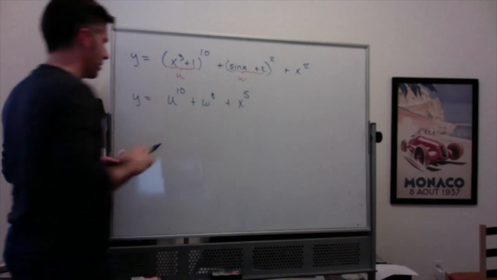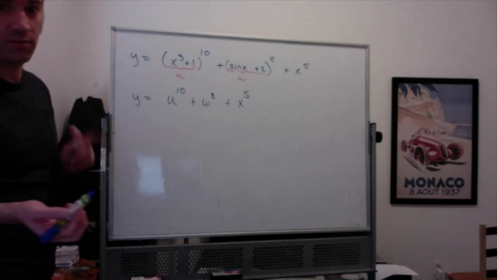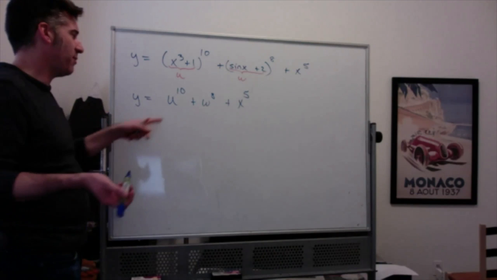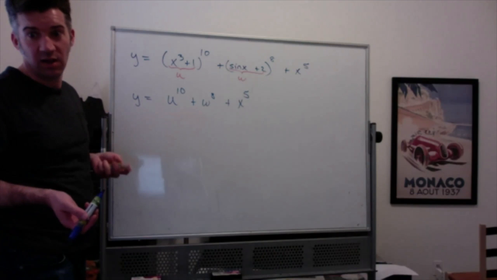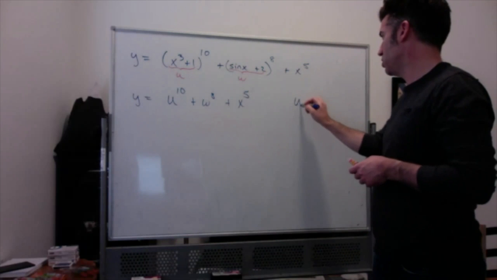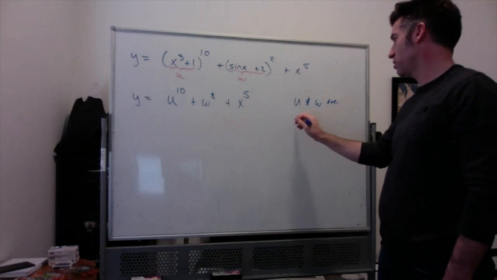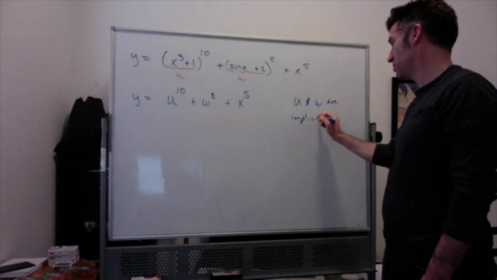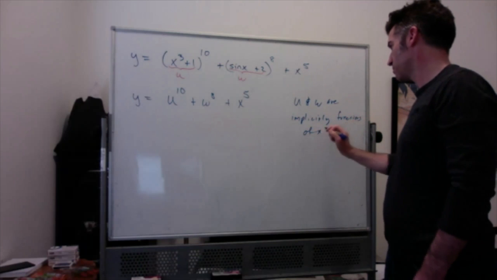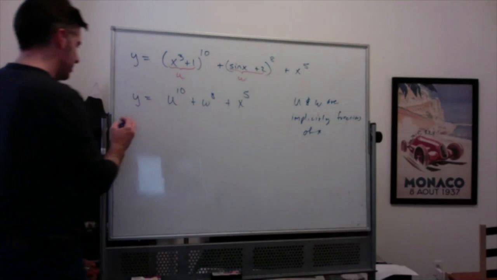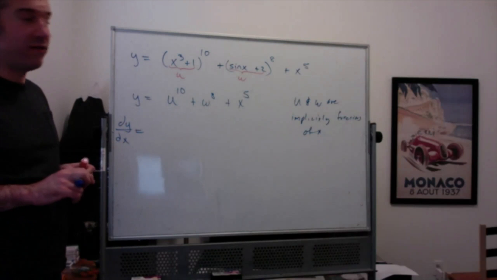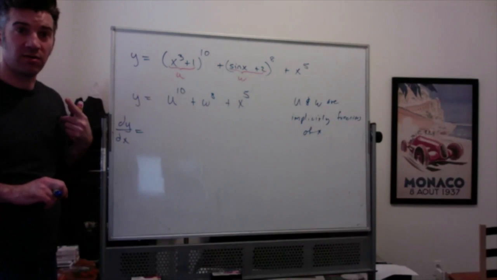Now I'm going to differentiate, but I want to be really clear: everything's still a function of x. It's just that I happen to write these other letters in, which are also functions of x. So even though it's not written here, u and w are implicitly functions of x. When I take the derivative with respect to x, what's the derivative of some stuff to the 10th power?